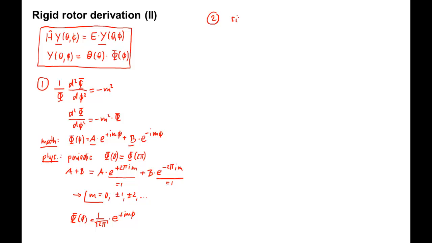It is sin θ over Θ times d/dθ operating on sin θ times dΘ/dθ, plus β times sin²θ equals m², with β equal to 2IE over ħ².